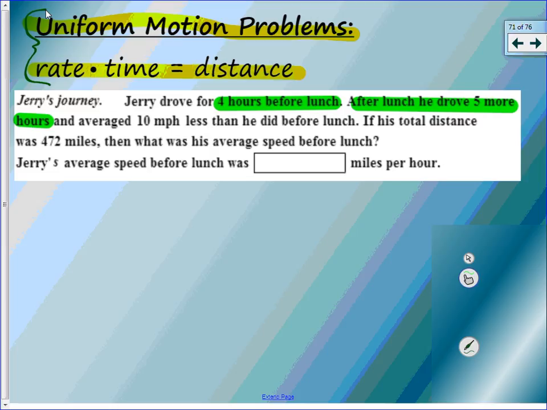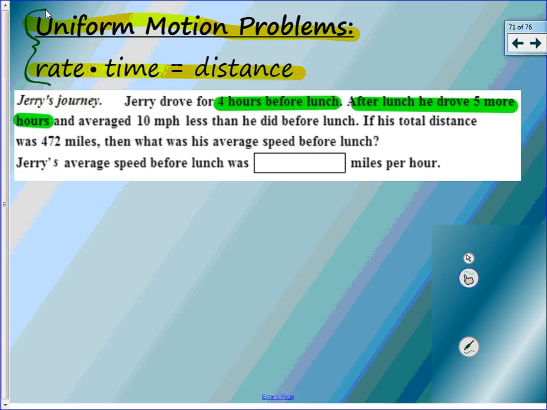So again, if I were writing notes, I wouldn't write down the entire paragraph, because why? I mean, you could. And then it says the total distance. So that would be the shorthand for this problem.